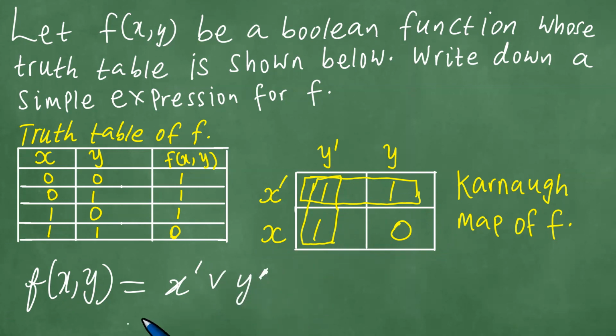Okay, so this is exactly correct, x primed or y primed. This is the x primed row, all of it, or the y primed column, all of it. Okay, now this is what we get.